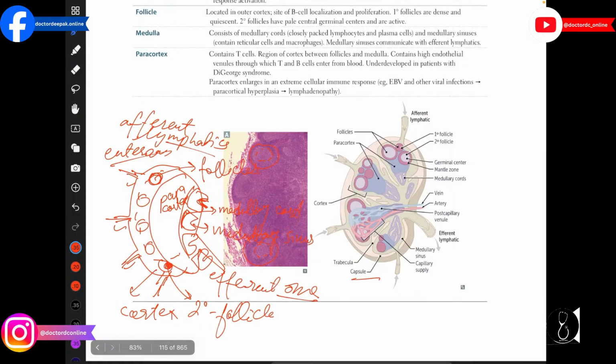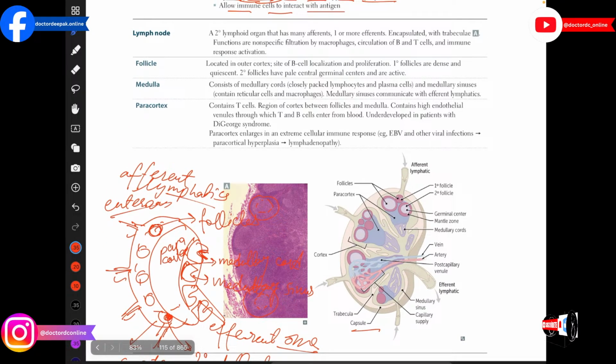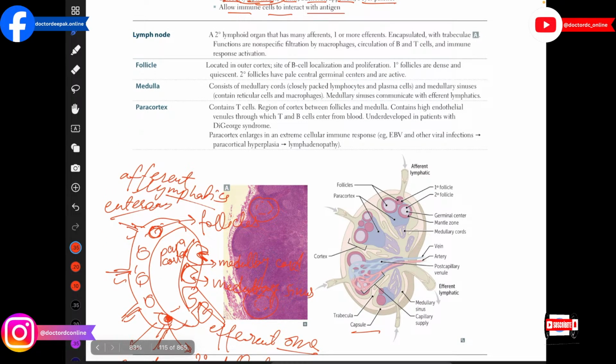But how are all these structures going to work? First, we have to talk about the follicles. The follicles are located in the outer cortex. As you know, it is a site of B cell localization and proliferation. The primary follicles are dense and quiescent, and secondary follicles have pale germinal centers and are active.